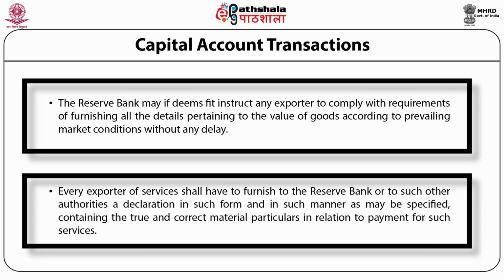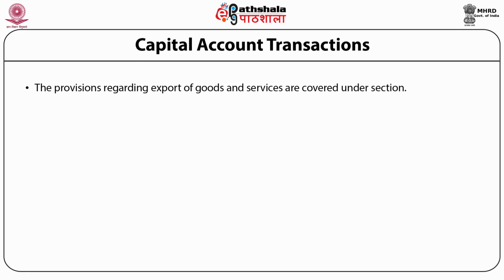Every exporter of services shall have to furnish to the Reserve Bank or to such other authorities a declaration in such a form and in such a manner as may be specified, containing true and correct material particulars in relation to the payments for such services. The provisions for export of goods and services are covered under Section 7.